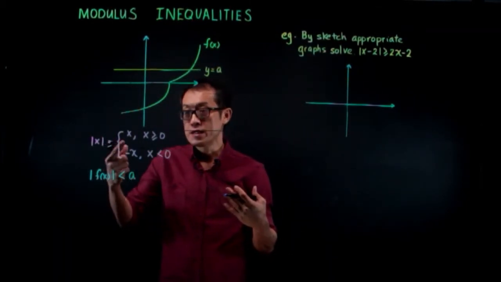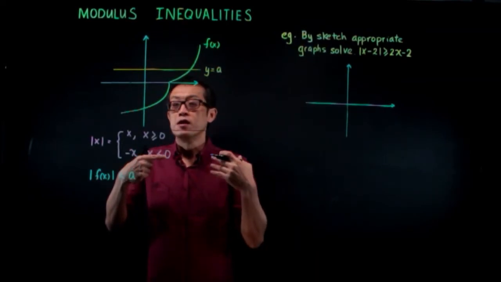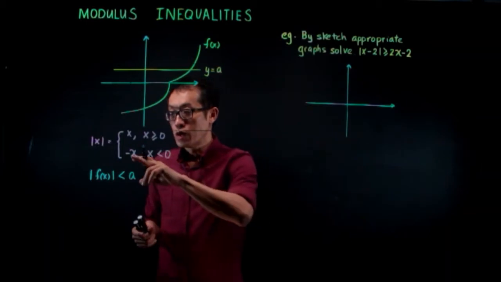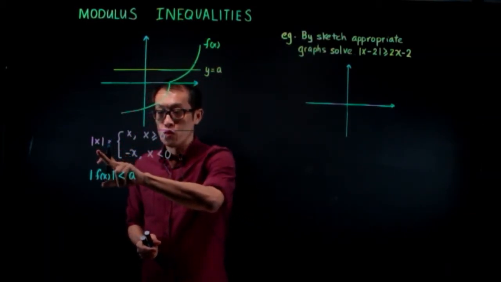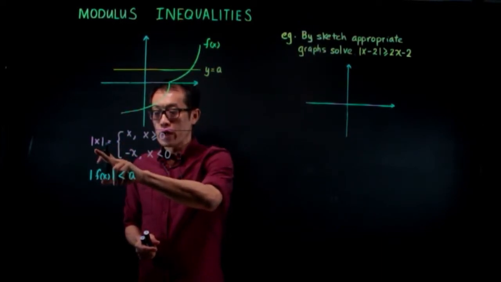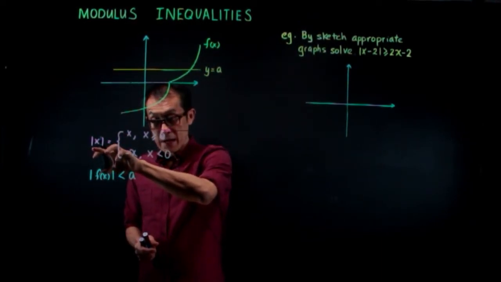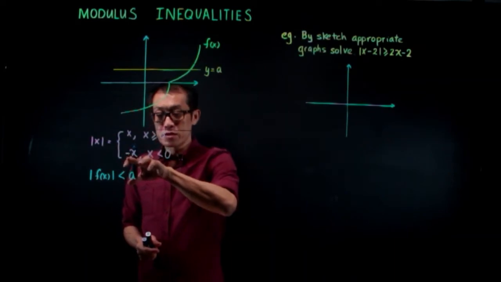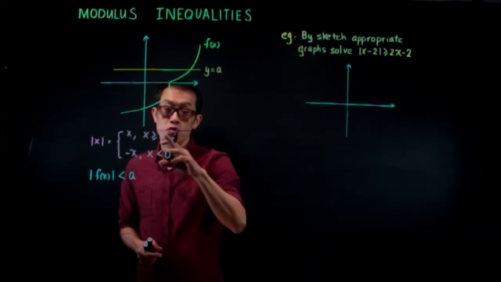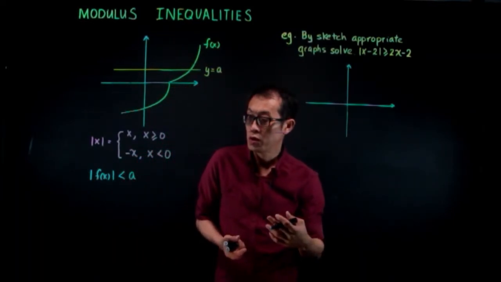However, when it is negative, you take the positive value of it. That means, let's say when x is 2, mod of 2 is 2. When x is minus 2, the value of mod x is still 2 because minus 2 becomes 2.